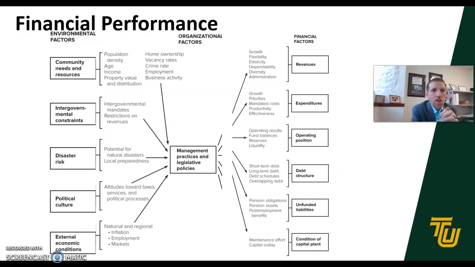Okay, and then the other aspect here this week is about financial performance, because we have a lot of things at play as a government agency. So we're not just about, like a for-profit company. We're about our product. We're about delivering that product.